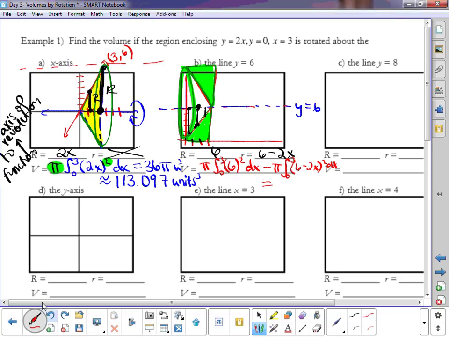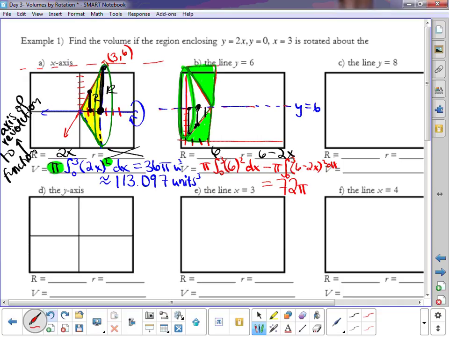Double check with your shoulder partners if you get the same volume. Alright, did we get 72 pi?